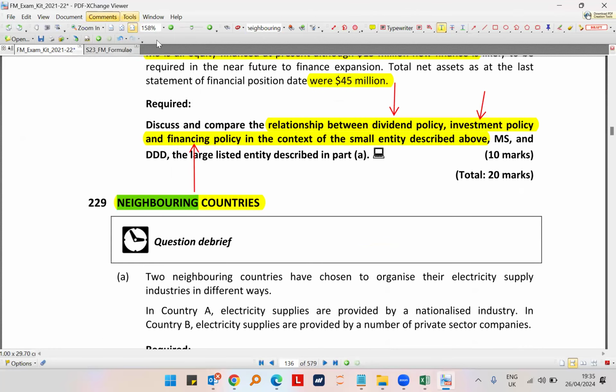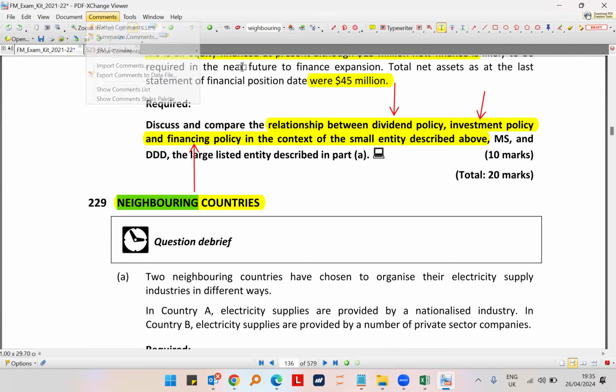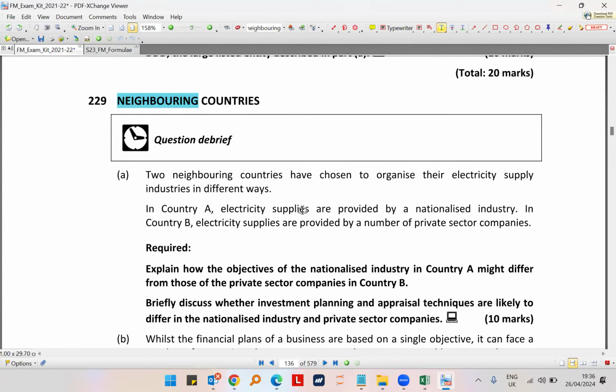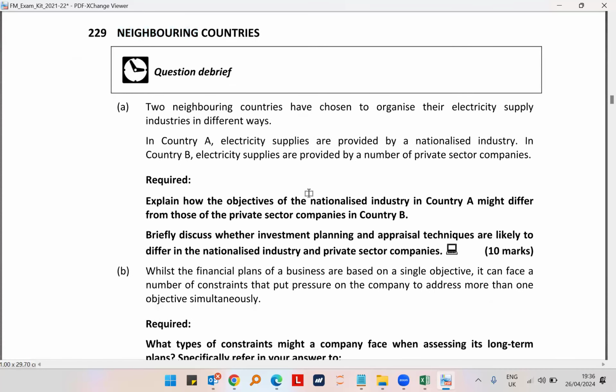Looking at neighboring countries, this one comes from the so-called practice questions, whereby it just helps us to understand how we could expect some part B's of questions to look like, but it's not a standard question.